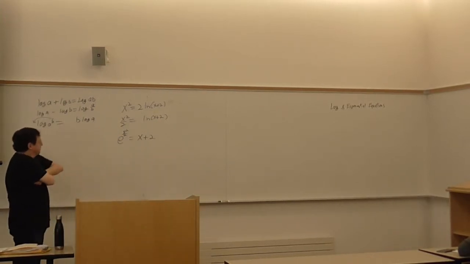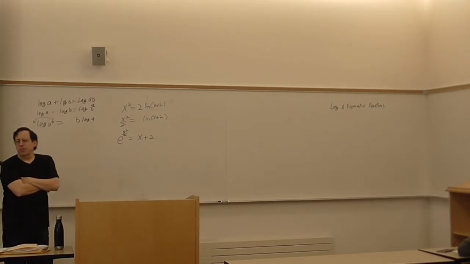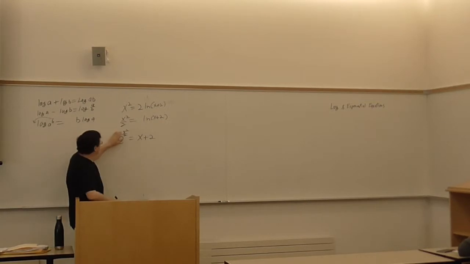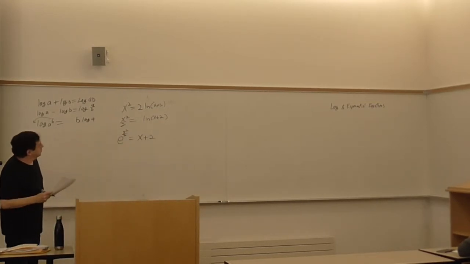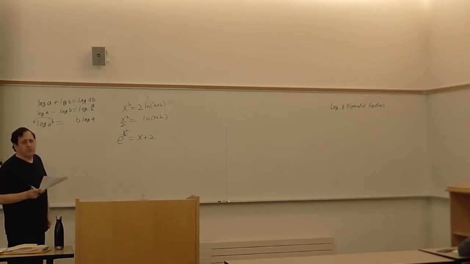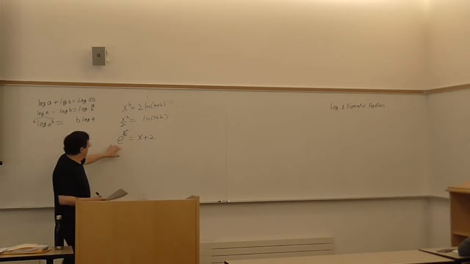Look at that and think, that doesn't really seem any closer to our answer, does it? So we've got an x over here, and we've got an x over here. And we really don't have any tools that let us combine these.